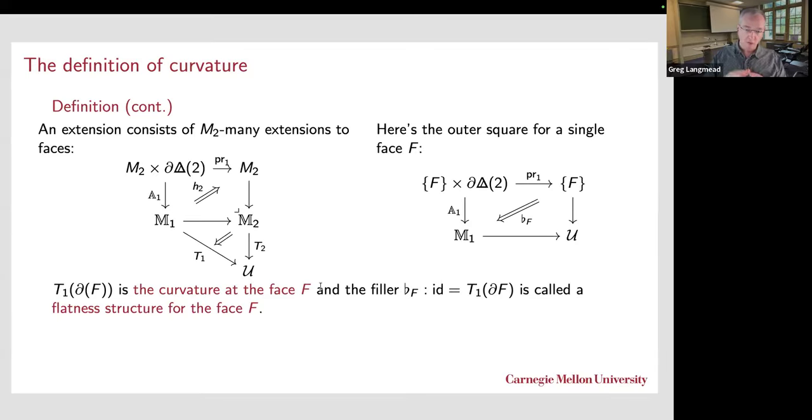So we're going to restrict it to just one face, curvature. This is true classically too. It's just a local construction. But we get this other piece that comes from the fact that these faces are all filled, and that's called the flatness structure. So we'll always have these two things: an operation like a rotation, and then a path from the identity to that.